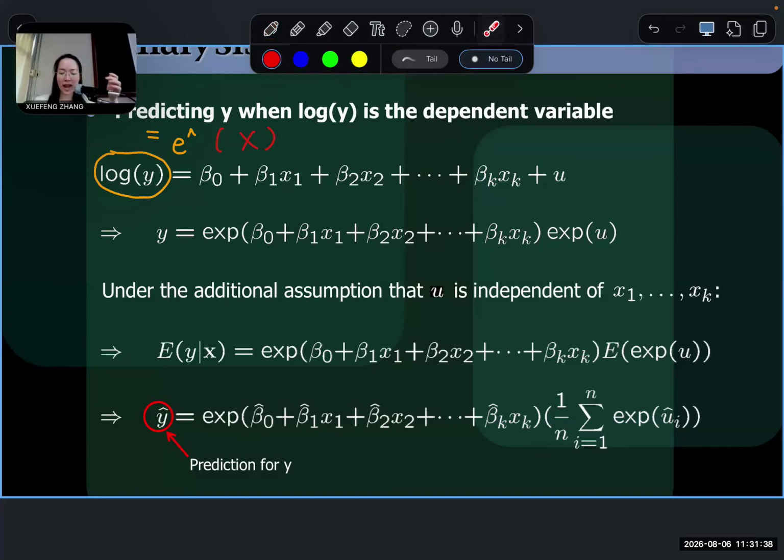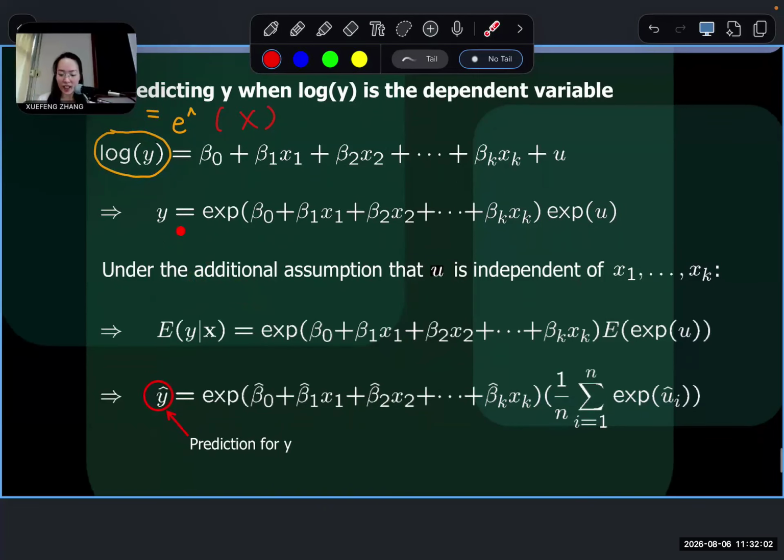Suppose here we have our regression, which is log Y, okay? Equal beta 0 all the way through to beta k x k plus mu. And let's exponentiate both sides. You get Y equal exponential of the linear part times exponential of mu. But the problem is that if we just plug in and exponentiate, we are ignoring exponential of mu.